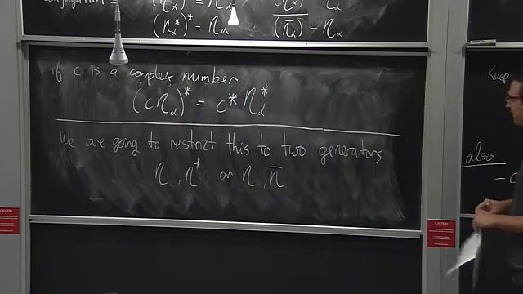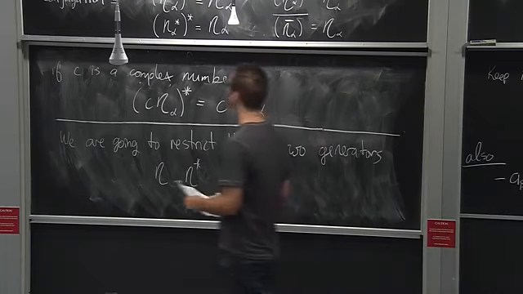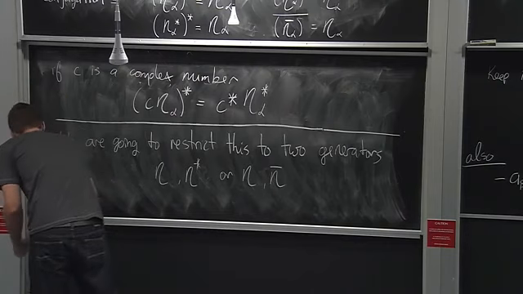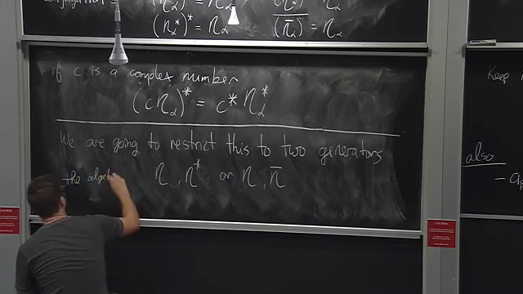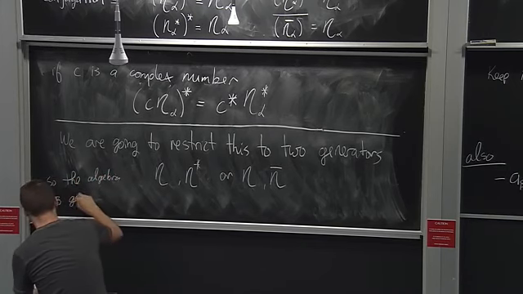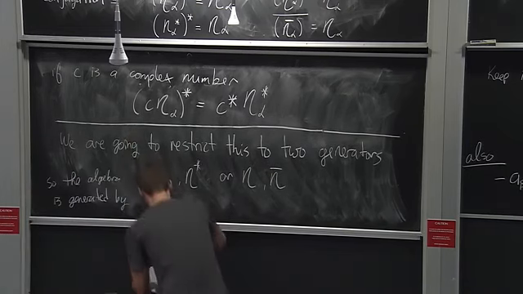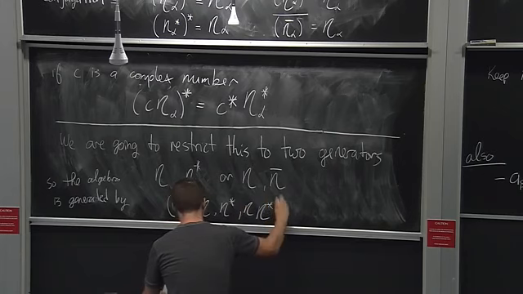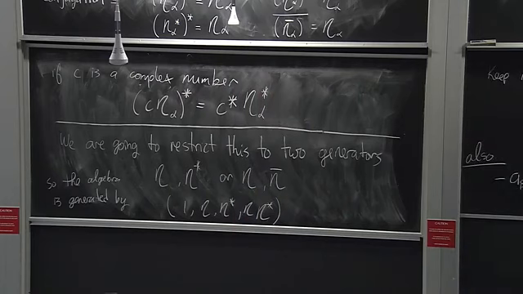And we're going to use that to define the algebra. So the elements of the algebra, the set, is generated by this basis that's just 1, eta, conjugate eta, and the product. And that's all we're going to need.